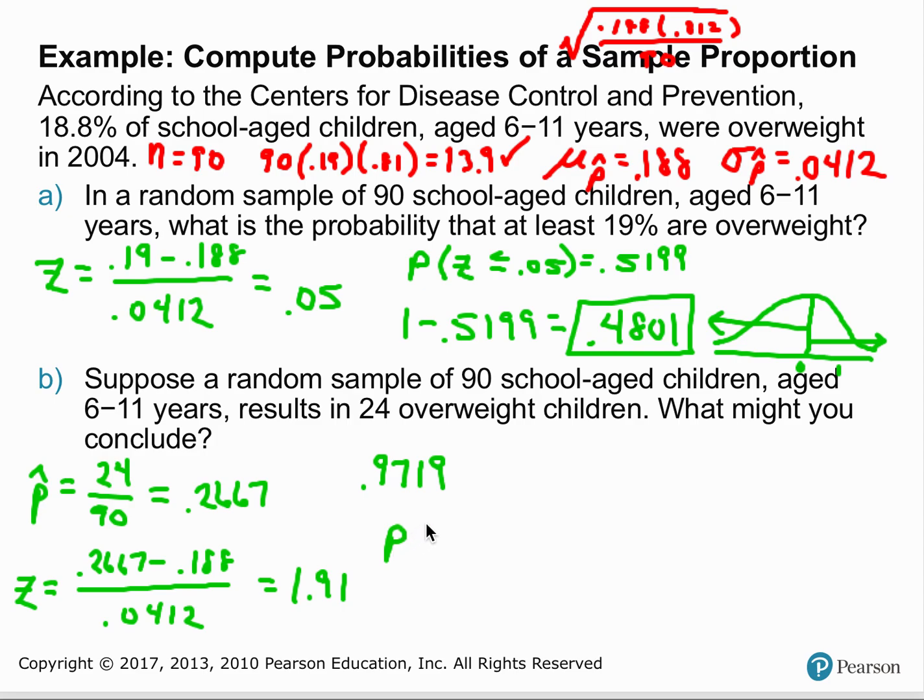So we need to use the complement again, and we get 0.0281.